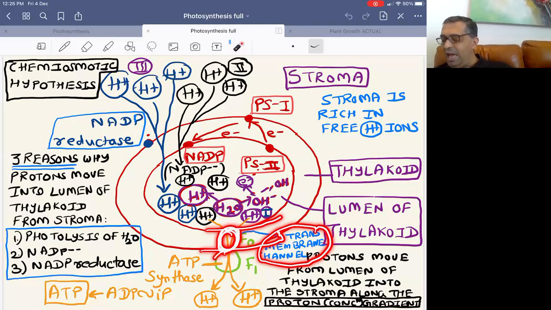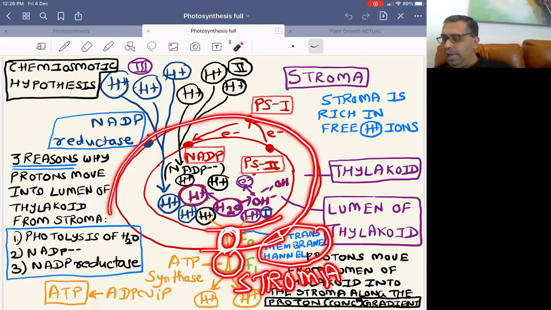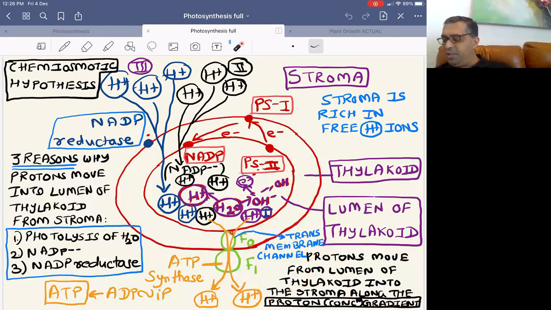And you have the F1 particle which is found in the stroma. F1 particle is outside the thylakoid in the stroma. So ये है F0 और ये है F1.